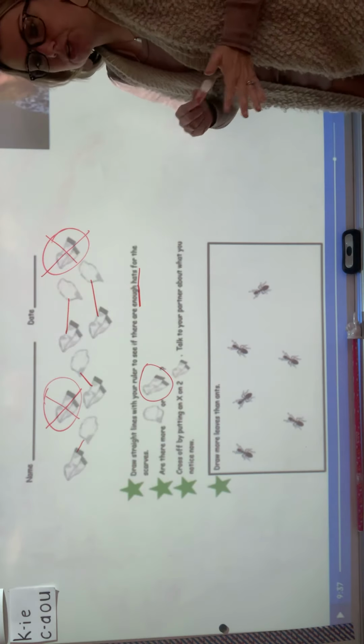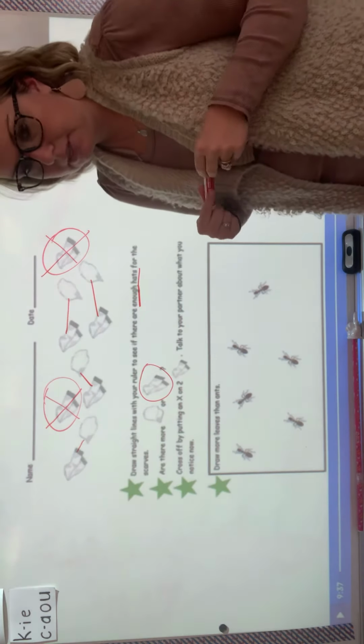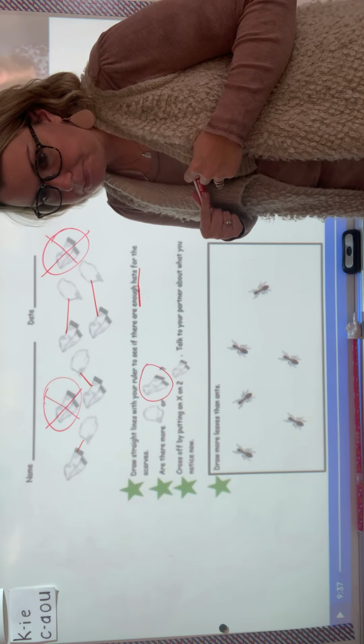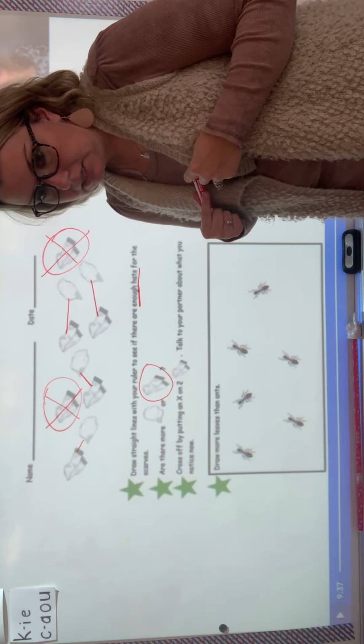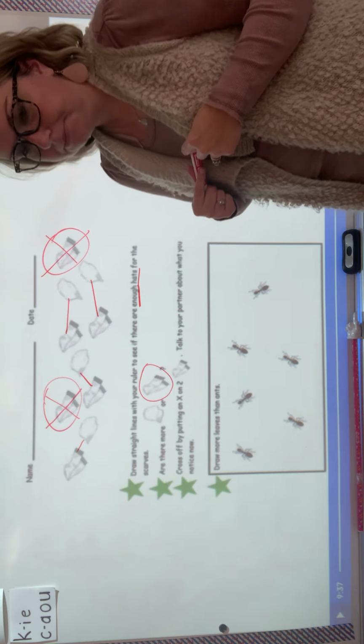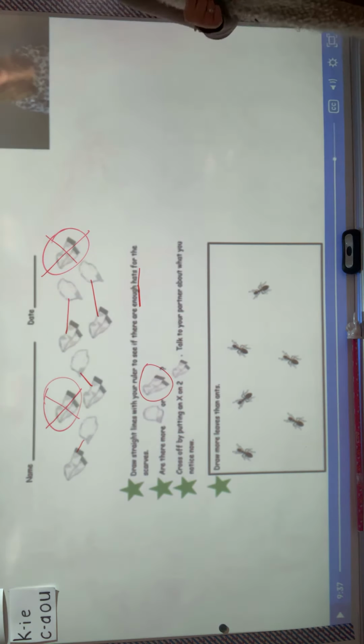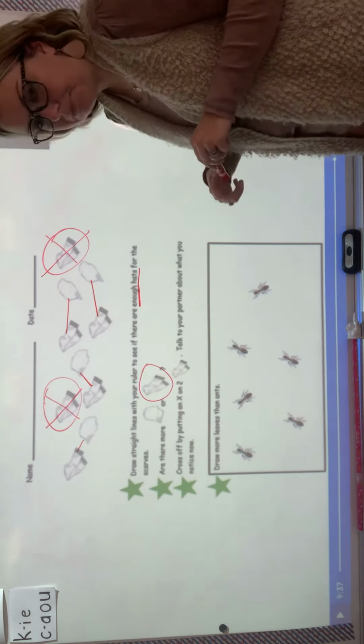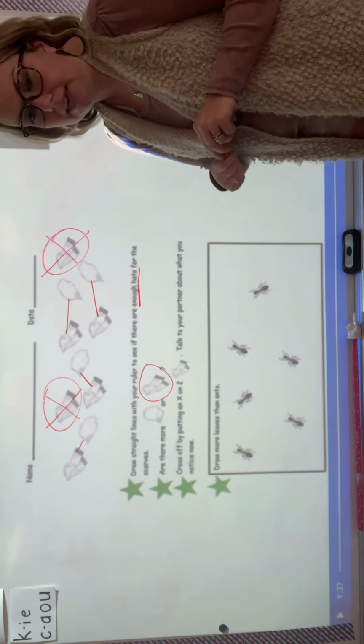What's another strategy we can use that we learned today? Or that we talked about? Estelle? Strategy for what? For figuring out that there are more leaves than ants. What's something else I could do other than counting the ants?